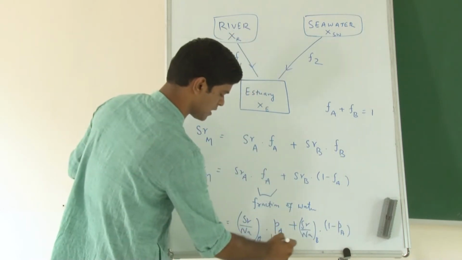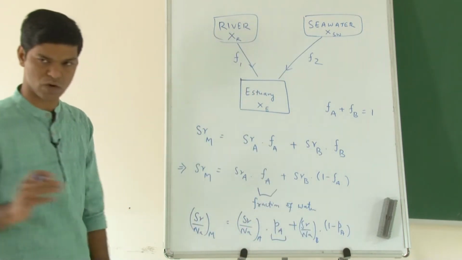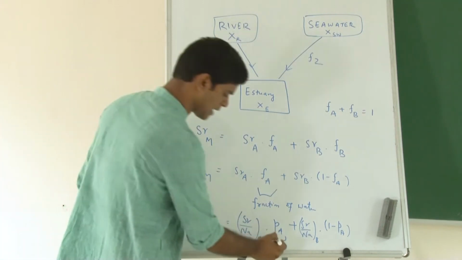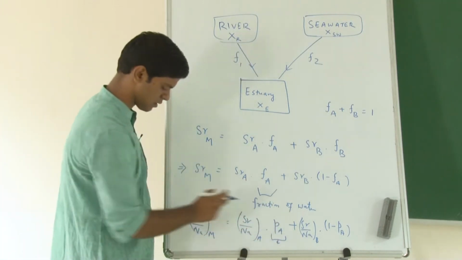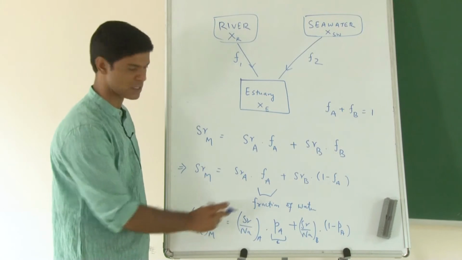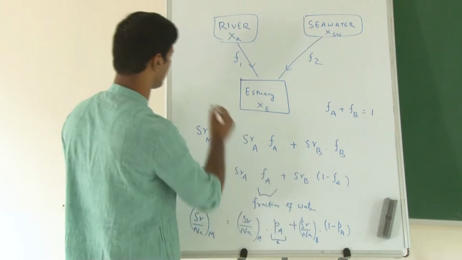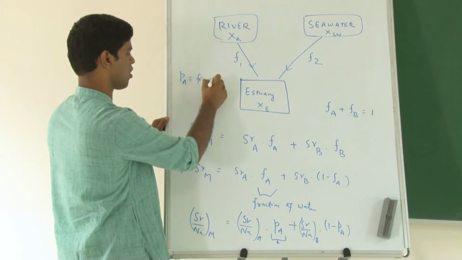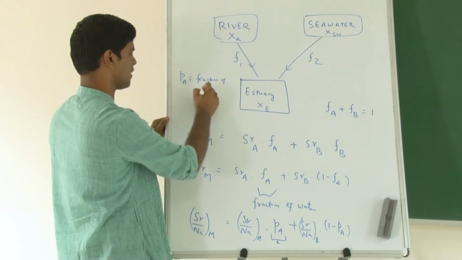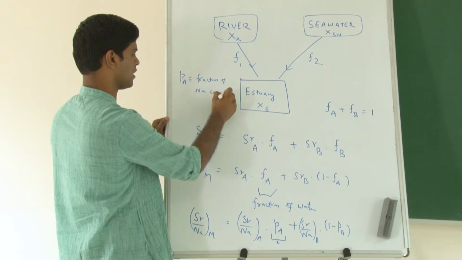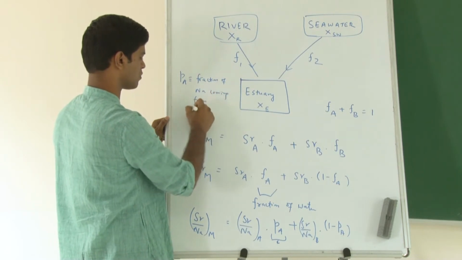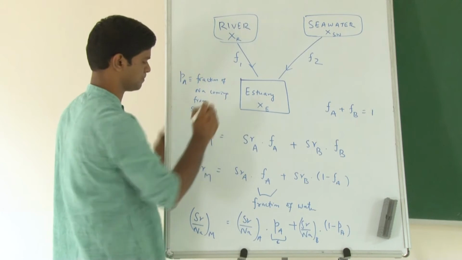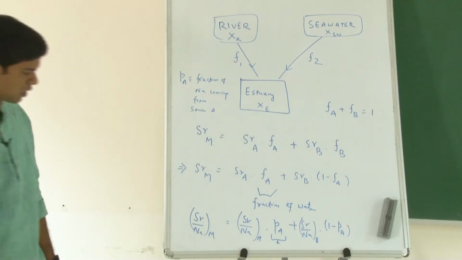Here this P is not about fraction of water or sediment, you are basically representing here the fraction of this element that is mixing here. So, here the P reflects the fraction of sodium coming from source A. Okay.